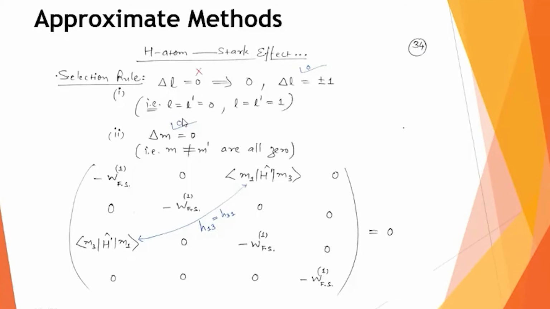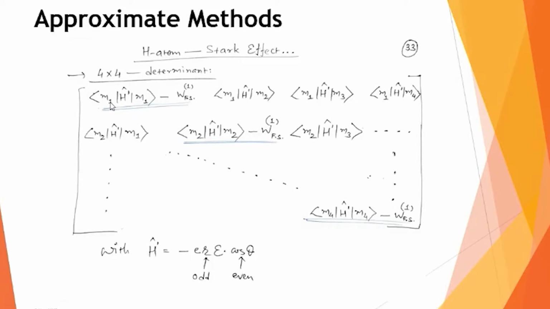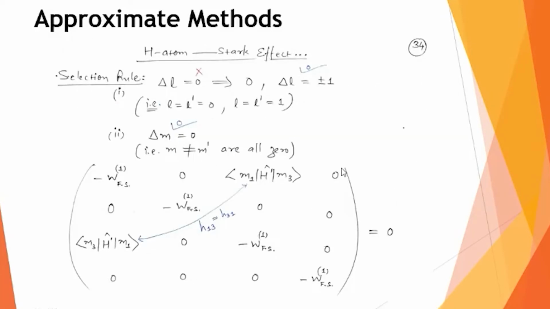Whenever you calculate the matrix element, something like m1 h dash m1, or here something like m2 h dash m3, while evaluating such matrix elements due to dipole interaction, the change in the L value should not be 0. So if you are going from say L equals 1 to L dash equals 1, the change in L is 0 because L and L dash are the same, then such a transition will contribute 0.